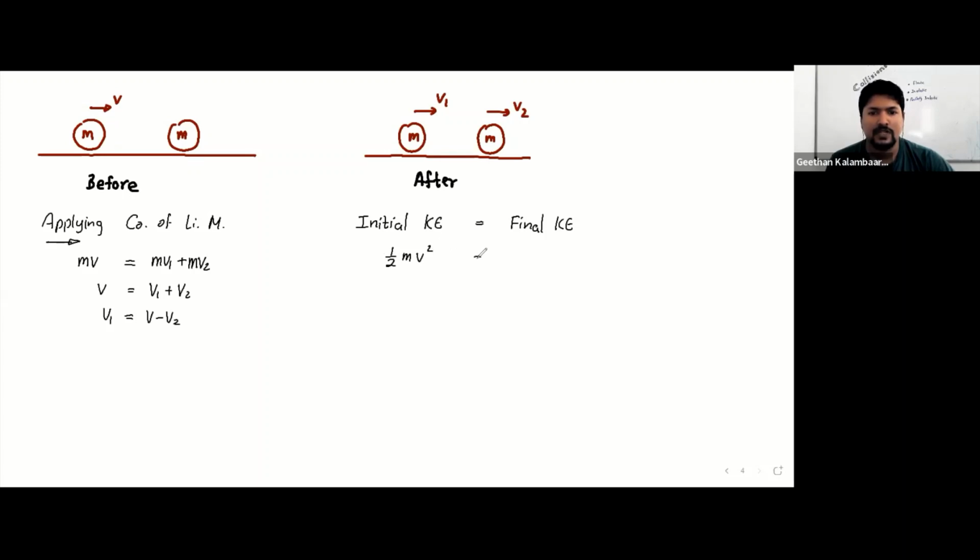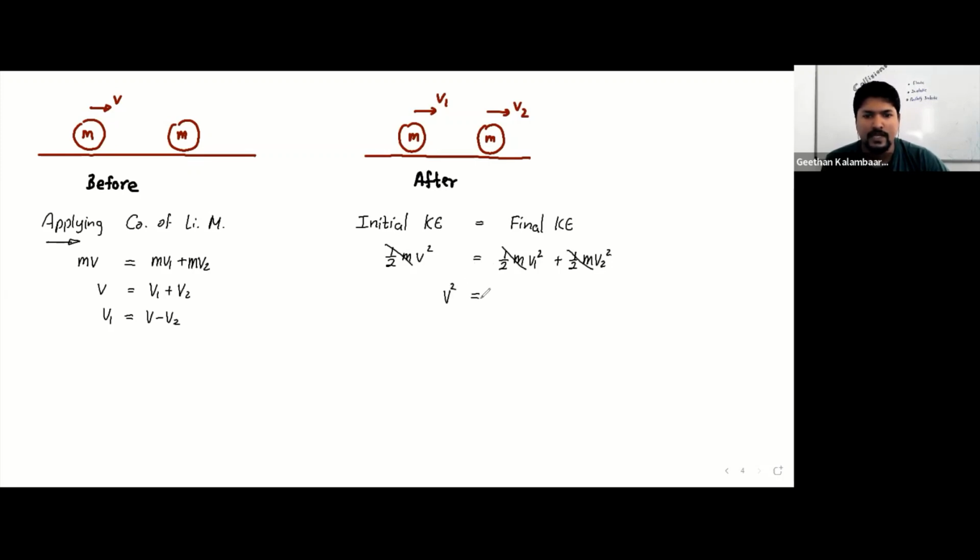So this is the initial KE. Finally you have both of them, so you have to write the KE values of both of them like this. So here also half m are getting cancelled. So v squared is equal to v1 squared plus v2 squared.